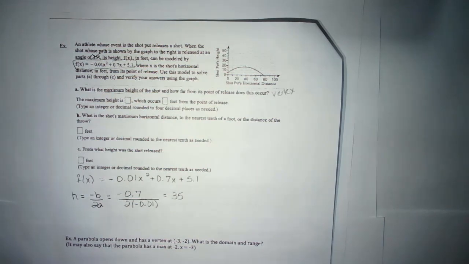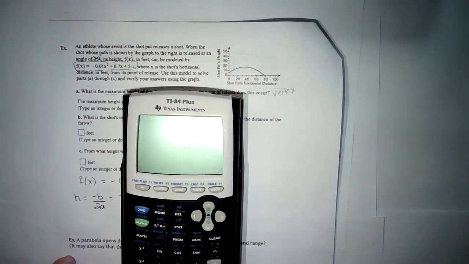Okay, let me do it in here. Oh, okay, I see what you may be doing. When you put it in, negative 0.7 divided by, you need to put in parentheses the 2 times negative 0.01. There's your 35.